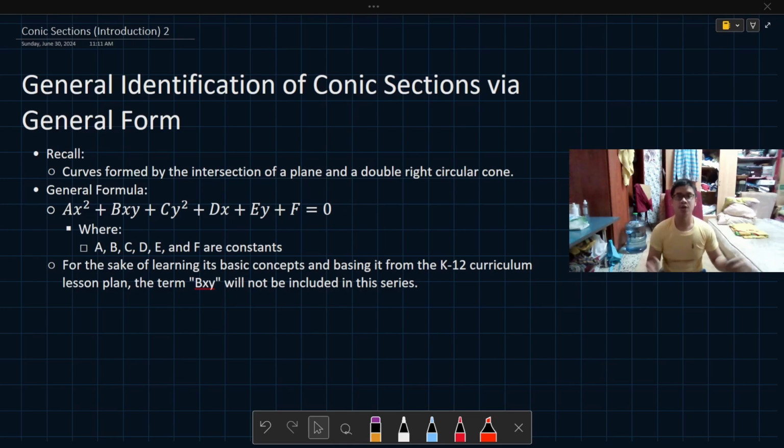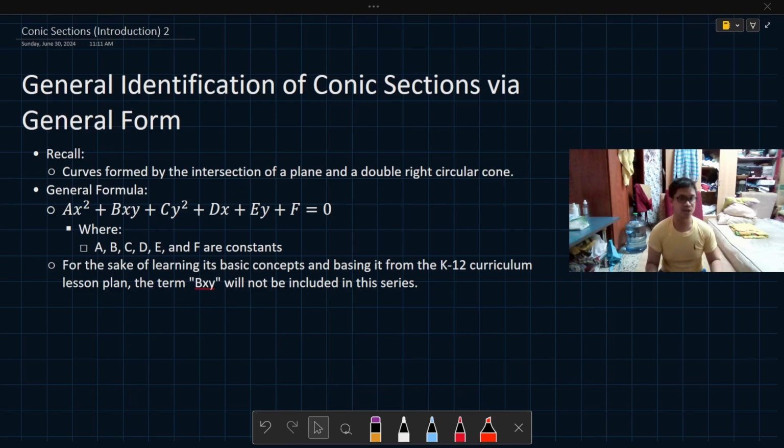Before we ended the first part of the introduction to conic sections, I asked a question. Visually we know how they look, but what if we have a given mathematical formula? How do we know whether it is a conic section or not?